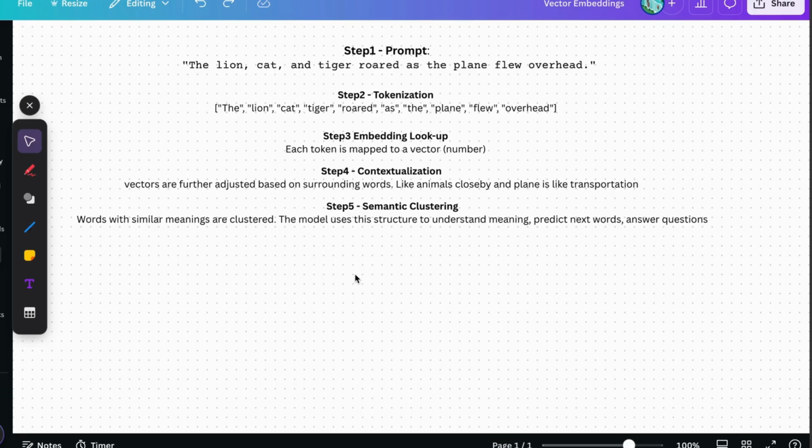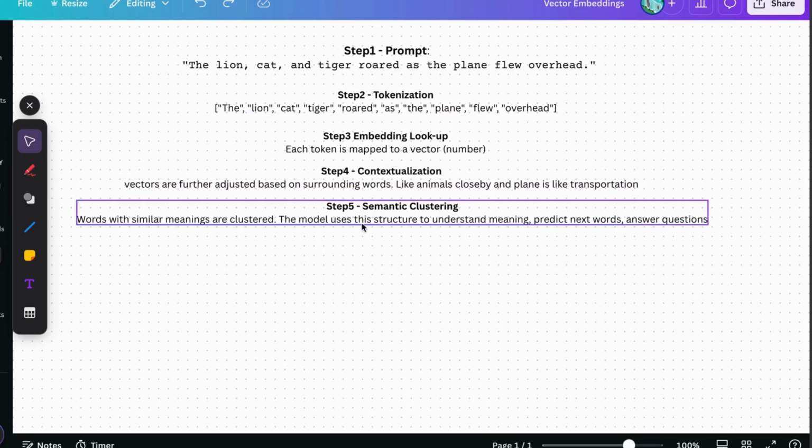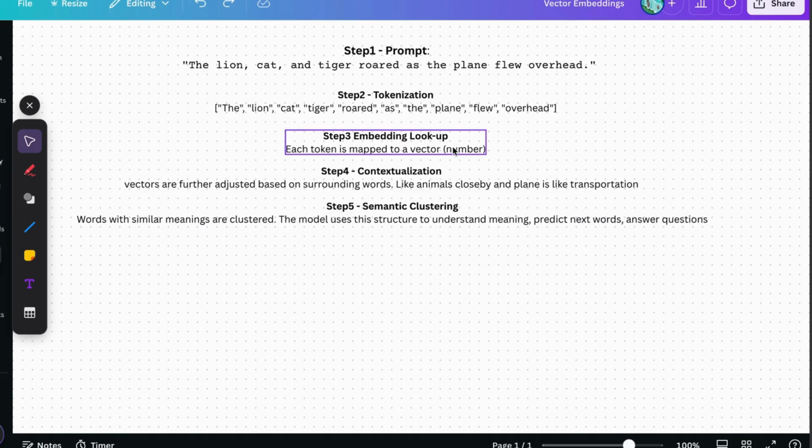If I want to go further and take these four words and see how we can put them as a vector or a number in two-dimensional view, all these word tokens will be converted to numbers and stored as a table. Imagine there is a table with two dimensions.